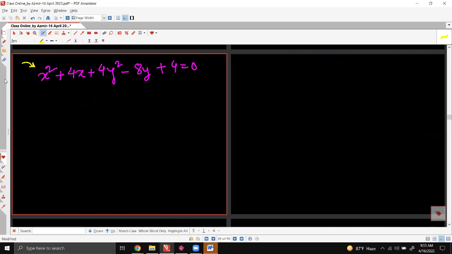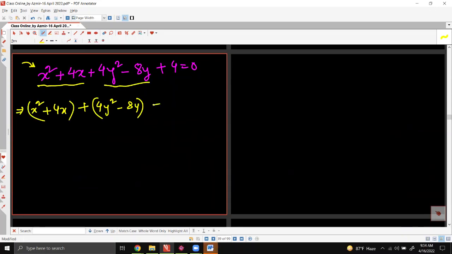So we have to convert this equation to the standard form by the completing the square technique. x squared plus 4x, this part is written together, and 4y squared minus 8y, we are writing these y terms together, and we have 4, that is the constant.